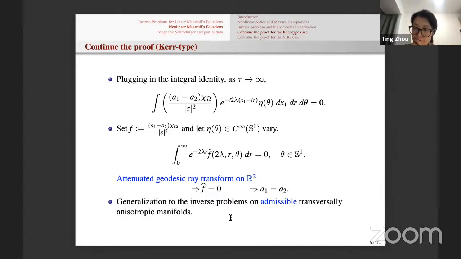I'm just wondering, I think this was done by Novikov, right? Yes, I think there are some results by him, Novikov. I see. Okay, we just directly applied their results there.